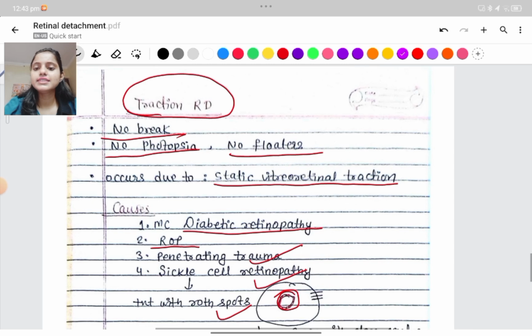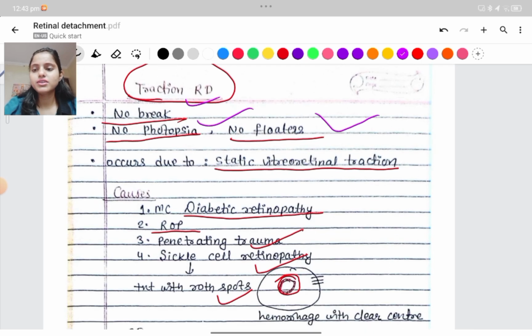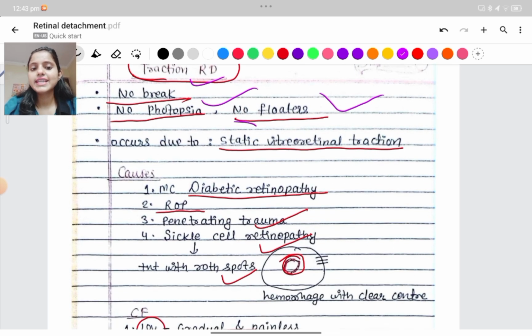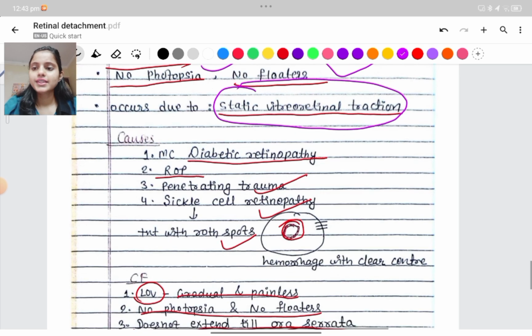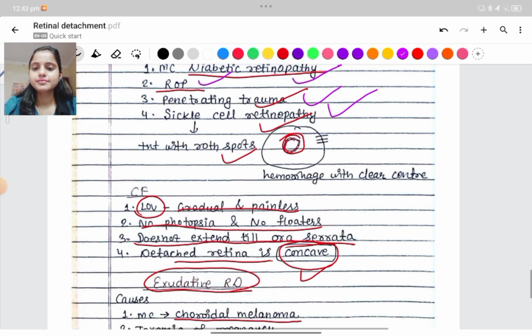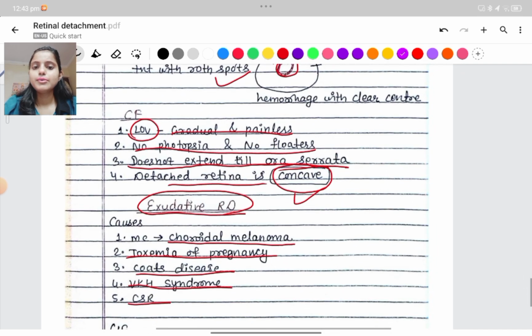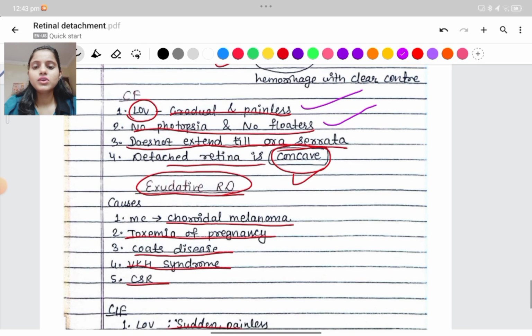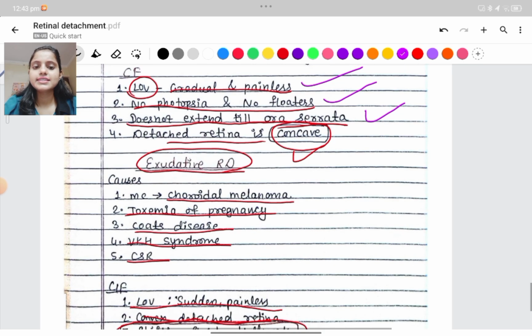In tractional retinal detachment, there will be no break, no photopsia, no floaters. It occurs due to static vitreoretinal traction. The causes are diabetic retinopathy, retinopathy of prematurity, penetrating trauma, sickle cell retinopathy. There will be gradual painless loss of vision, no photopsia, no floaters. It does not extend till ora serrata. Detached retina is concave.